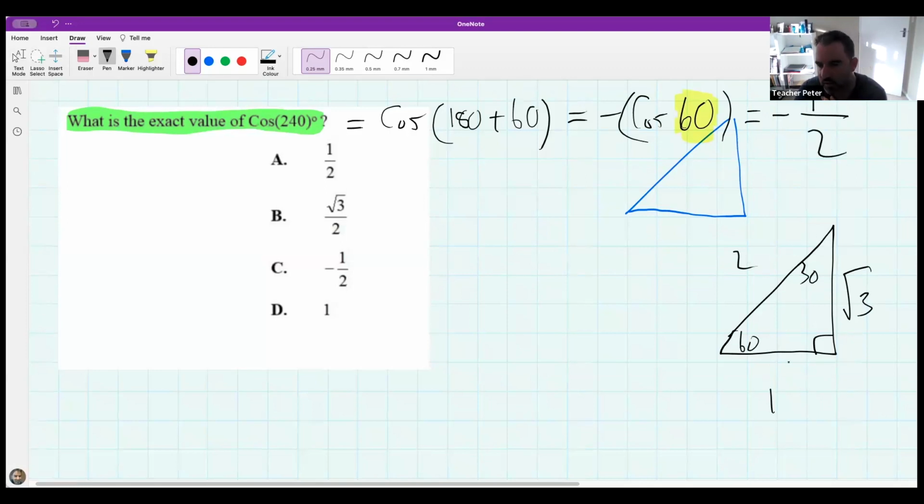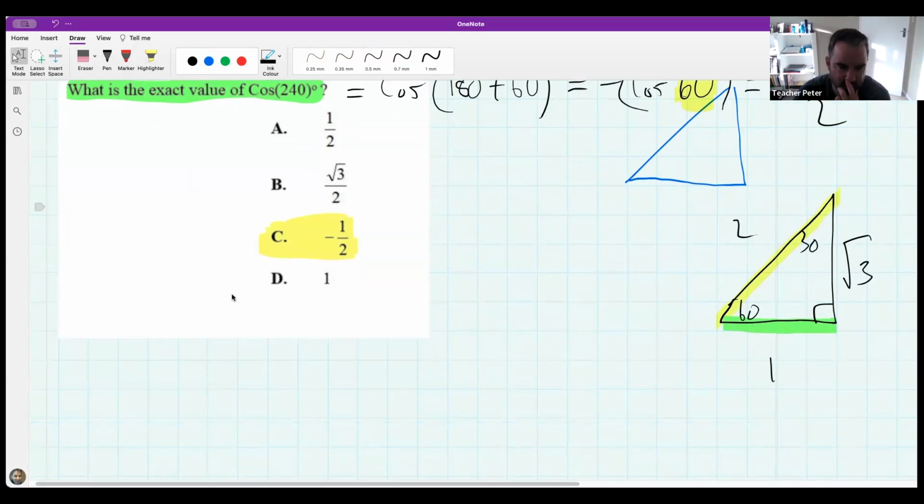So basically what Buchle spotted is that this would be the A, and this would be the H, and then the minus comes from what quadrant it's in. So the correct answer, Buchle, would be C. Did you get C? Okay, I'm pretty confident Buchle agrees with me here.